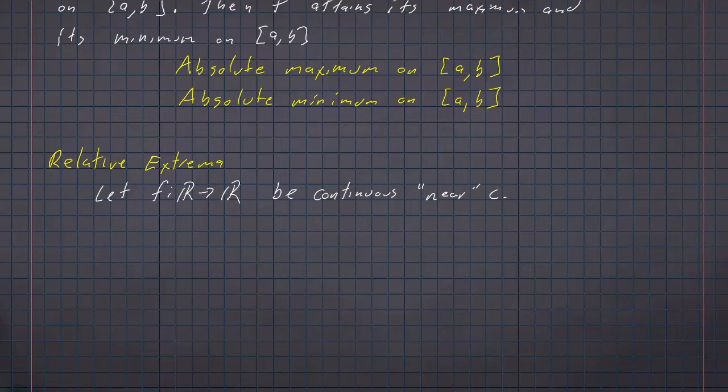Let's take a function f, and we're going to insist that it is continuous near some point C. What does near mean? Well, I'll define that in a moment, but I don't want to give too many intervals in the same definition. But to say that a function is continuous near C, that means that we can find some open interval that contains C where the function is continuous on that open interval.